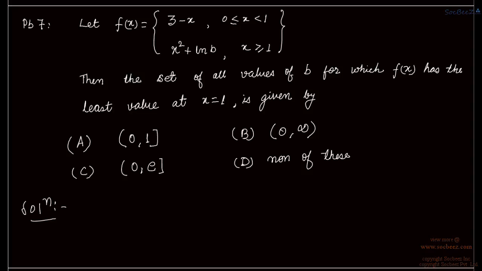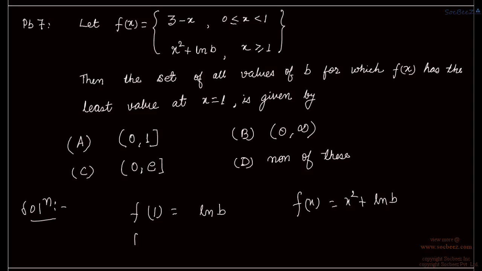So let us find the value of f(x) at point x is equal to 1. f(1) is ln b, right? Because at x is equal to 1, the curve f(x) is x square plus ln b.